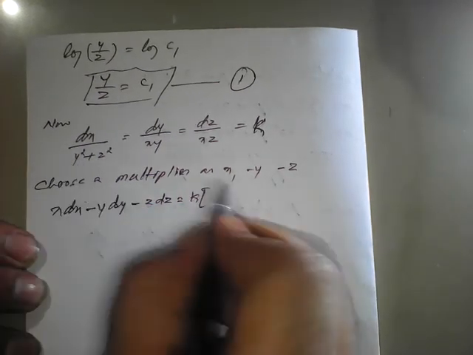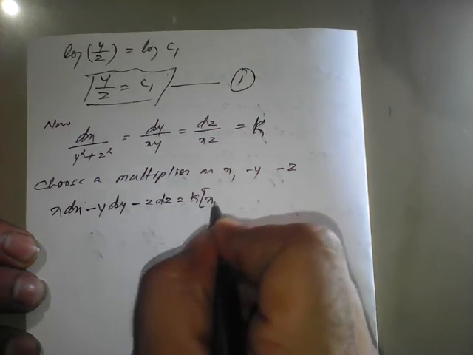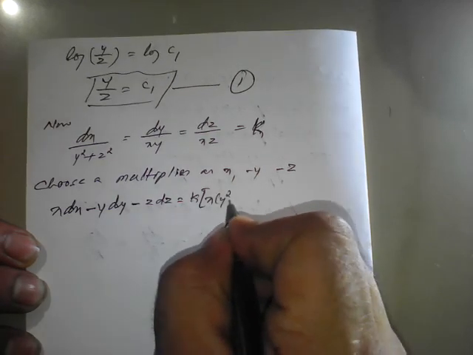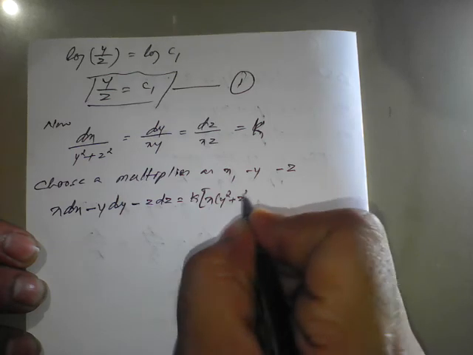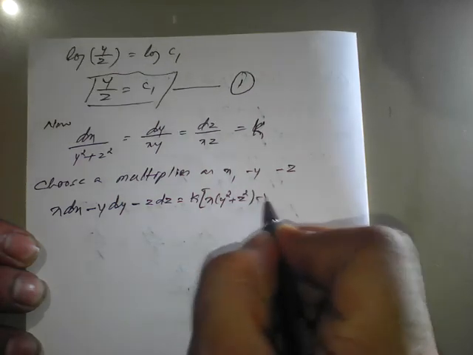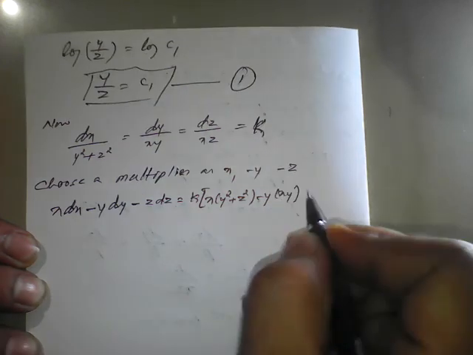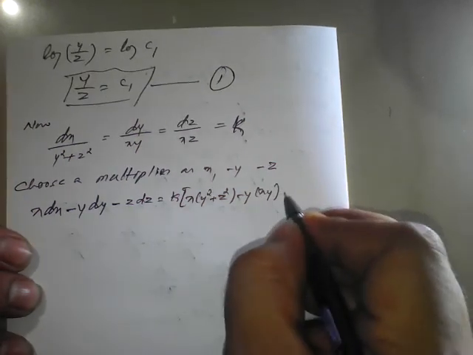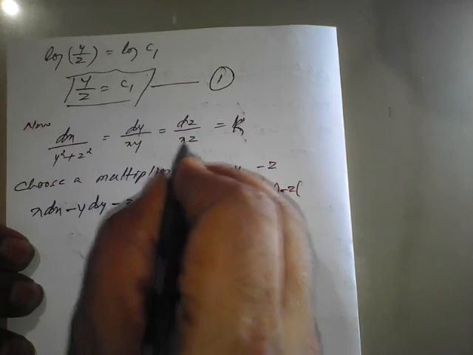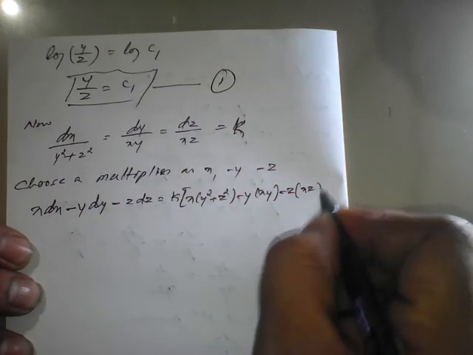So for this what we have multiplied, x, so x into y square plus z square, minus y times the denominator of dy, that is xy, minus z into the denominator of dz, that is xz.